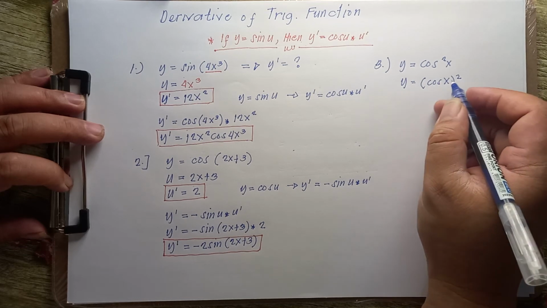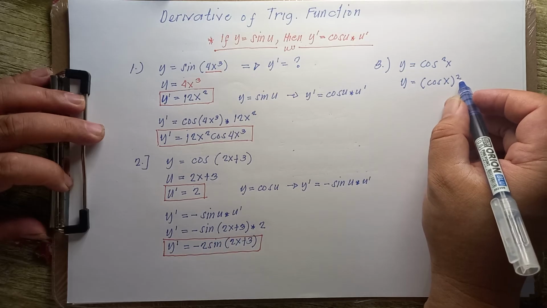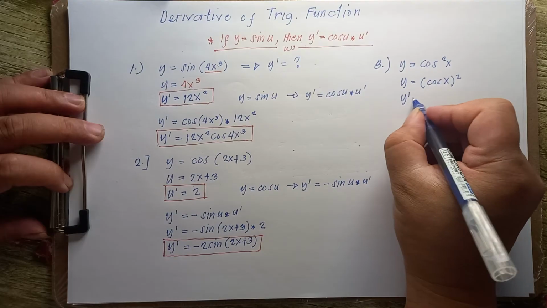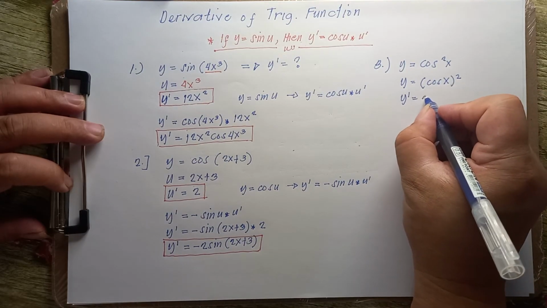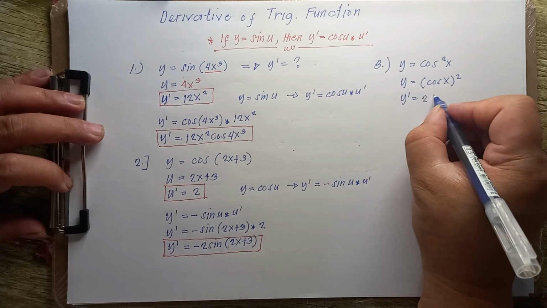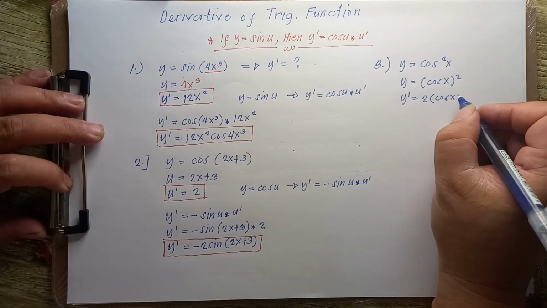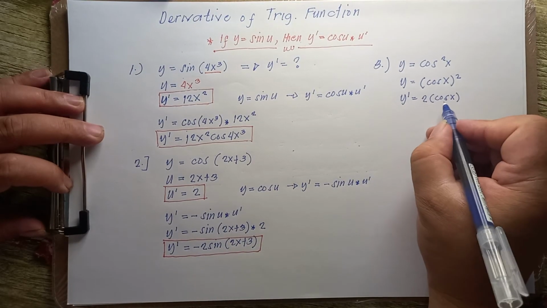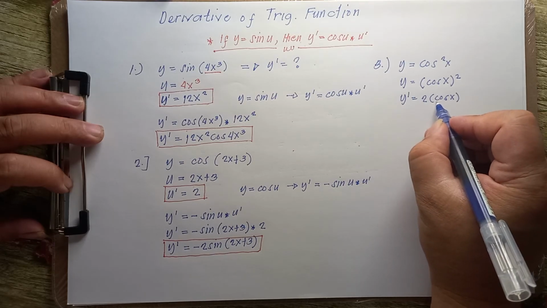So how is the derivative? The derivative is the same as, we have in here, bring it down. So y prime is the same as 2 cosine x. Now, what is now the derivative of this one?